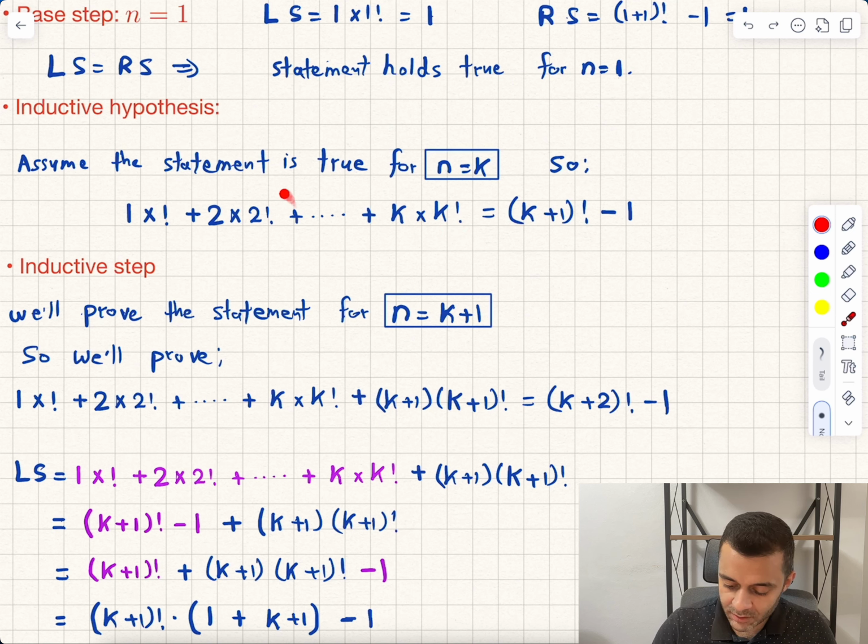This statement is assumed to be true, so we can use it. That's why I replaced all of these in purple by what's equal to them, which is k plus 1 factorial minus 1, as you see down in the next step. But these k plus 1 times k plus 1 factorial, I kept them here as they are.